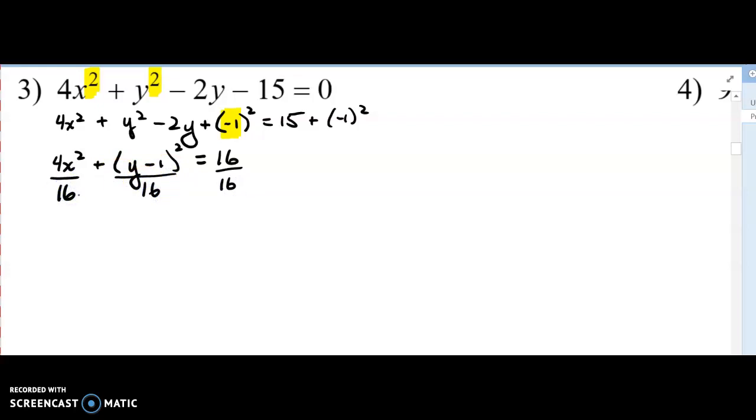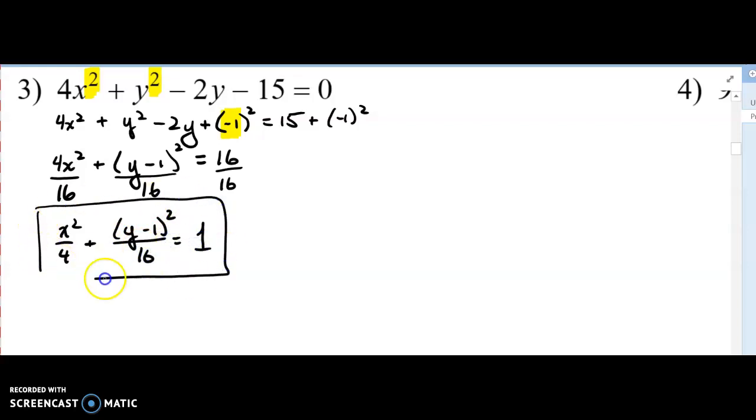Okay, so if it's not a circle, we're going to want it to equal 1. That's a little preview of things to come. So this reduces to x squared over 4. This doesn't reduce, it just becomes y minus 1 squared over 16 is equal to 1. This becomes our final answer. And again, a preview of things to come. This is going to be the standard form of an ellipse.